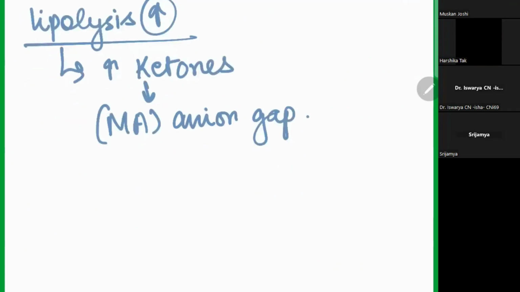Then the second thing is, not only lipolysis will happen, there will be protein loss, protein breakdown also. So there will be proteolysis. So they might give you a question that the person has type 2 diabetes and lost like 10 kgs in 3 months. Now, when we say that the person has lost weight, we always consider cancer.